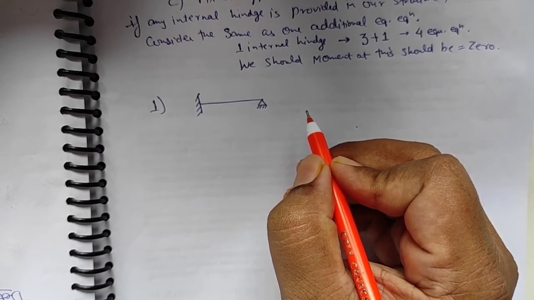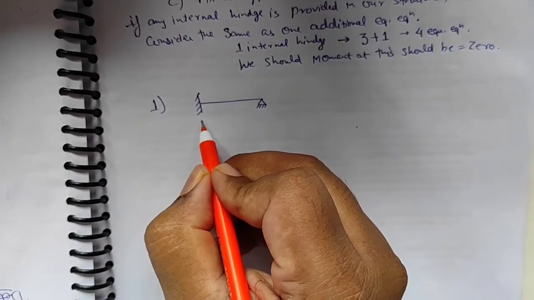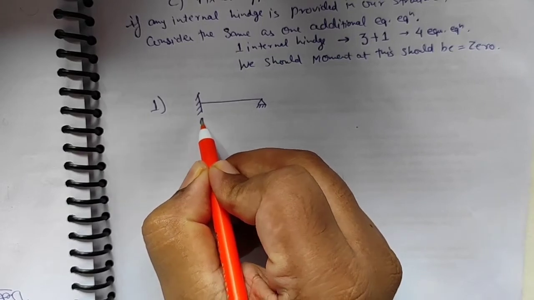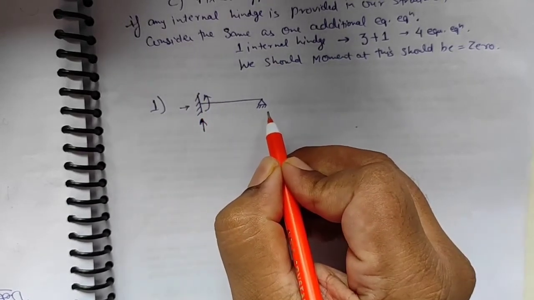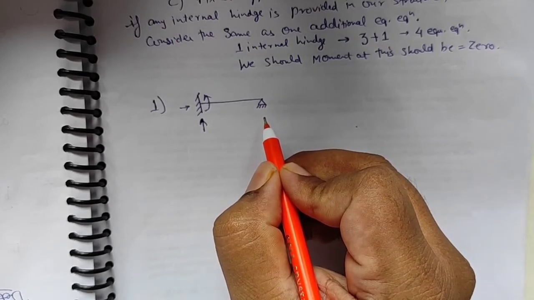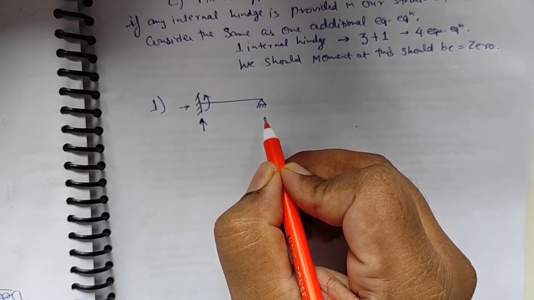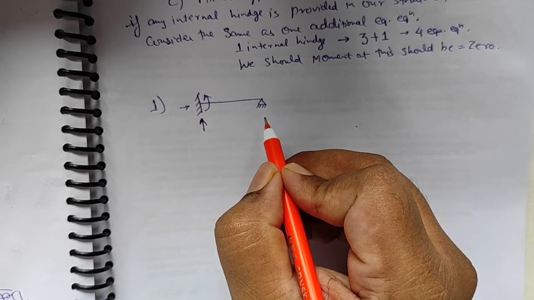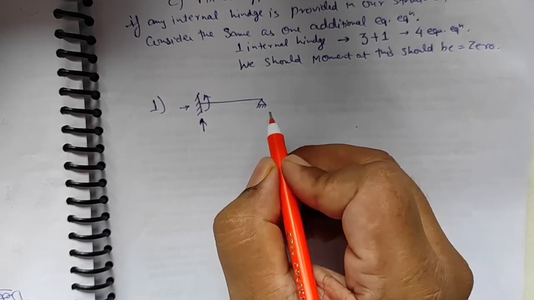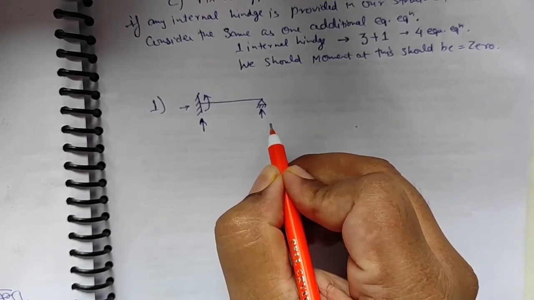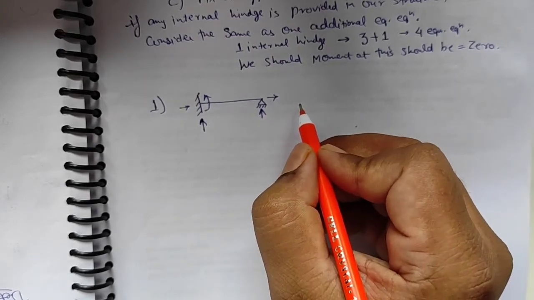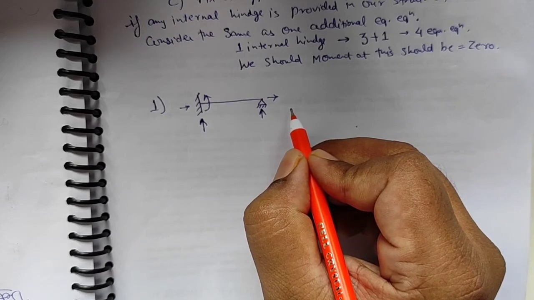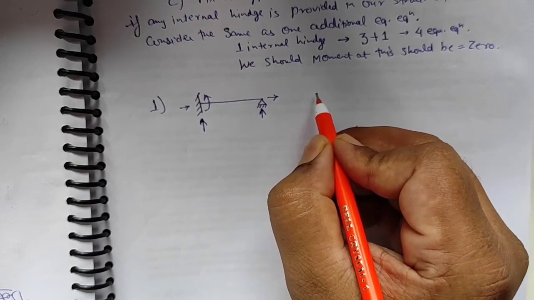As we know, at the fixed end we'll have three unknown reactions, whereas at the other end where there is a hinge support we'll have two reactions. That means in total we will have five unknown reactions.